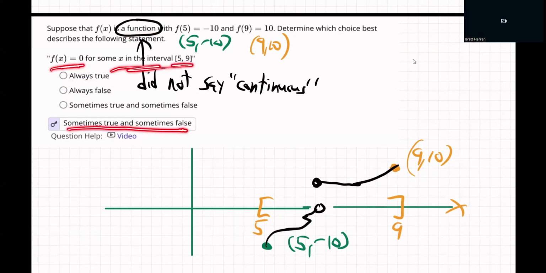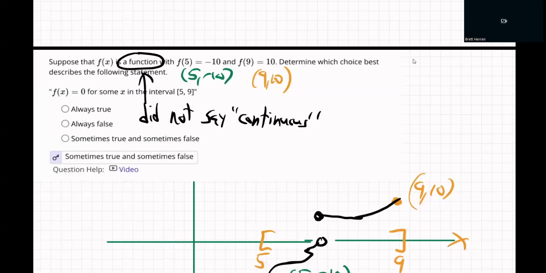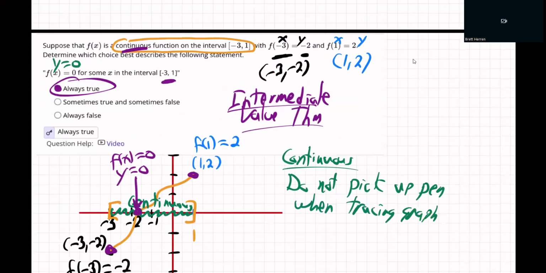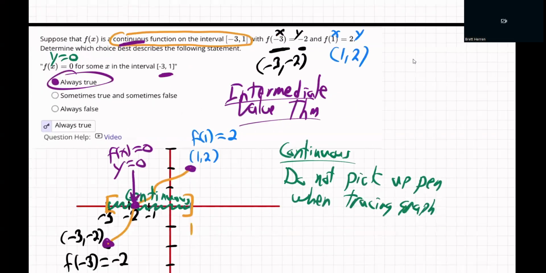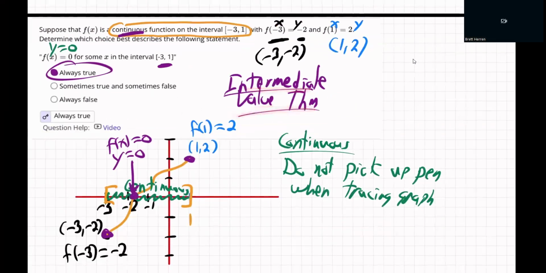Is it going to hit zero in that interval between 5 and 9? Maybe, maybe not. Whereas on this one, they said continuous function. So that's the big deal. The intermediate value theorem only is true for a continuous function. Only if it's continuous do you have to hit all the intermediate values in between. Can't skip any. So that's the point of that question.